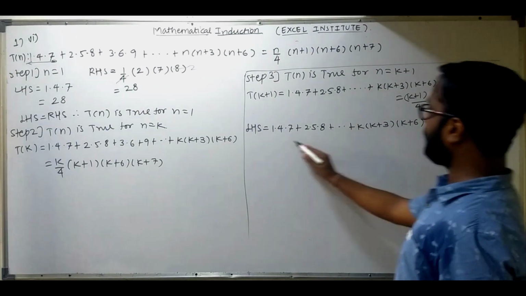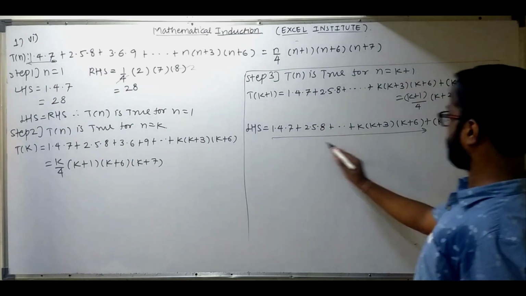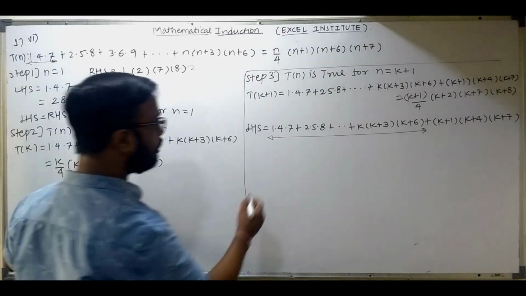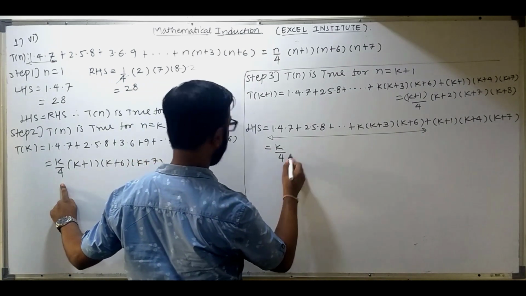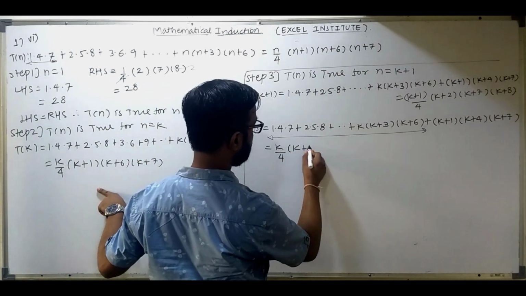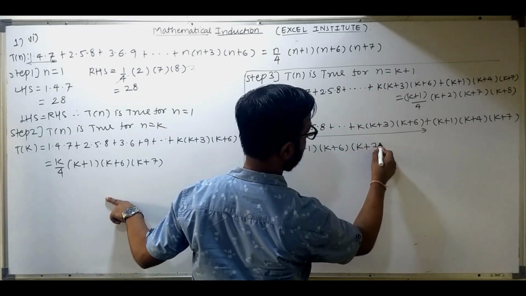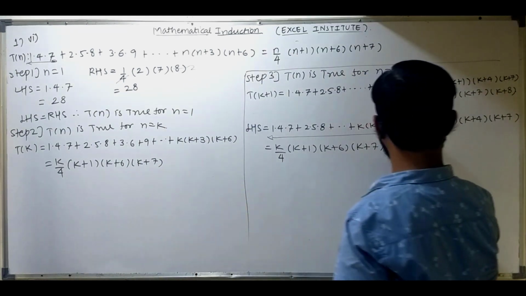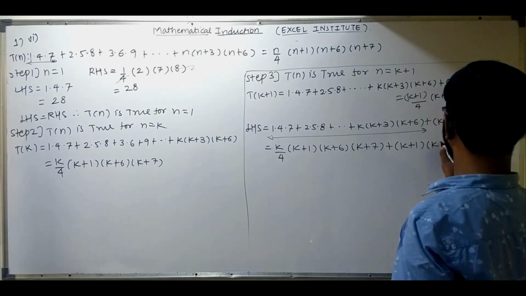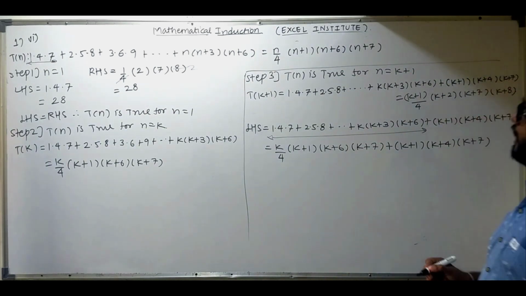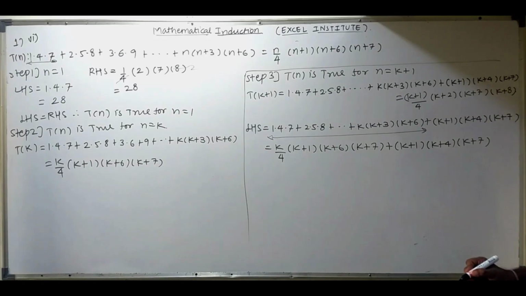From step 2, this is nothing but k by 4, k plus 1, k plus 6, k plus 7, plus k plus 1, k plus 4, k plus 7.